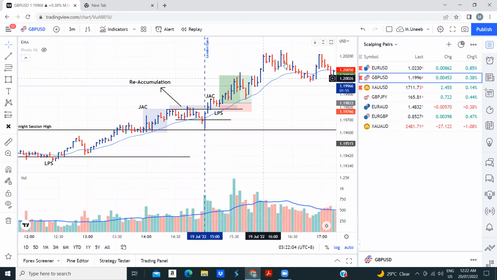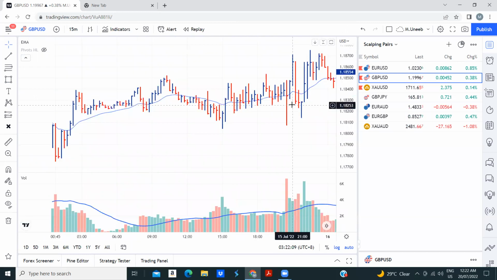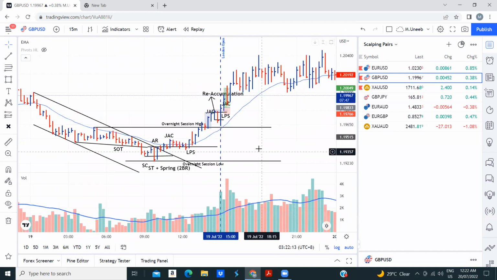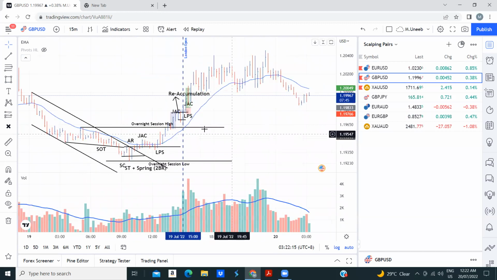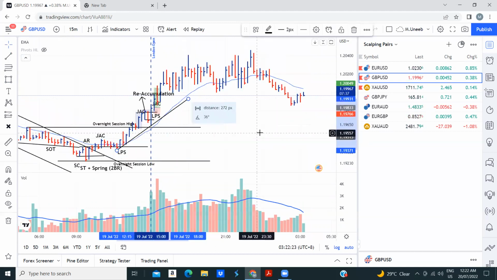And now as we go forward, we again go to the 15-minute time frame and see if there is any kind of overbought condition observed on the uptrend. So if we just draw the structure here, okay.